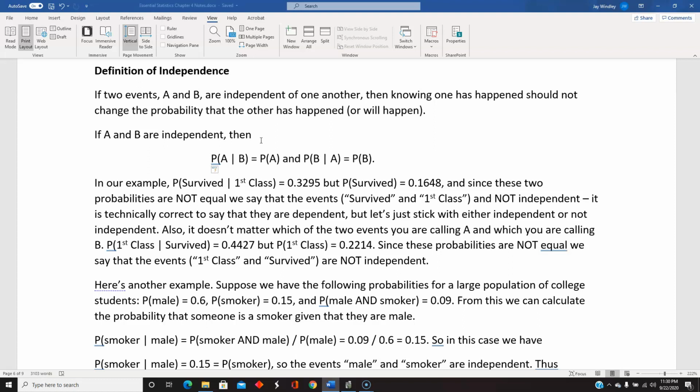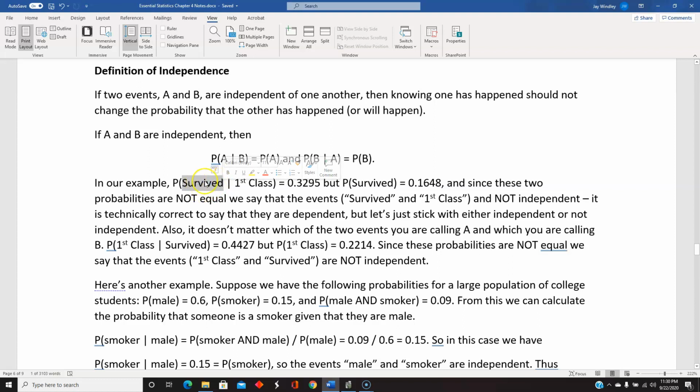A and B are independent if the probability of A given B is just the probability of A. If knowing that someone's in first class doesn't change the probability that they survived, then being in first class and surviving are independent.